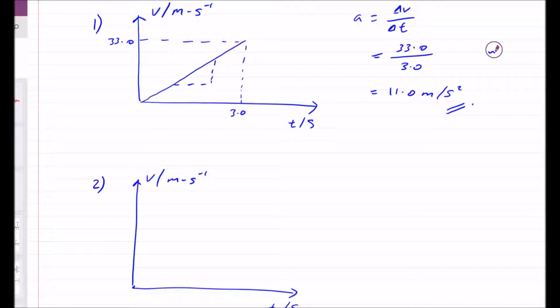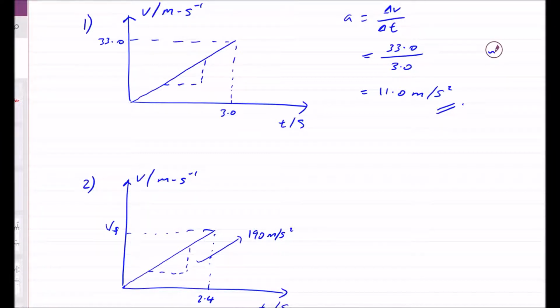It accelerates for 2.4 seconds, so you can draw a straight line for 2.4 seconds to reach a velocity of something, which is what the question is asking you to find. We know that the gradient, which is the acceleration, is 190 meters per second squared as given in the question.